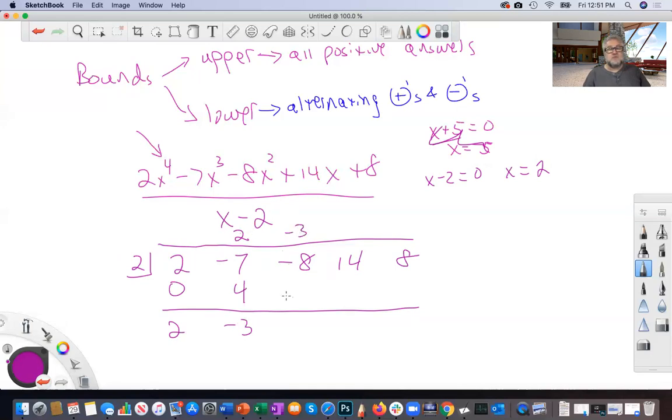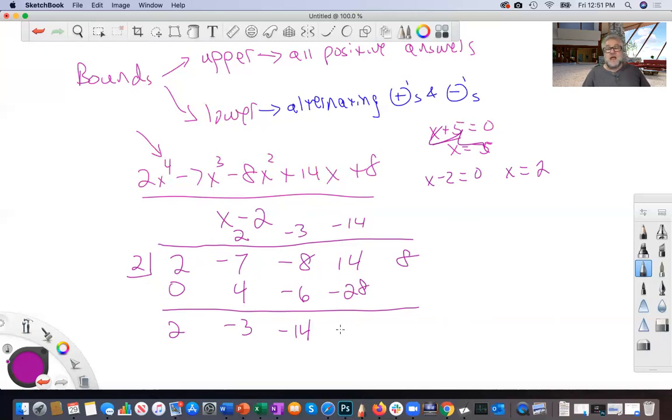Minus 3 times 2 is minus 6. Add. We get minus 14. Oh, so it's not alternating. So this is not going to be a lower bounds. So this comes up here, minus 14, multiply, minus 28. Is that right?